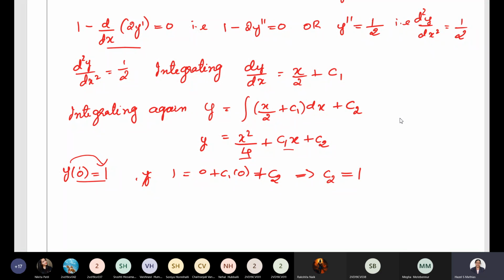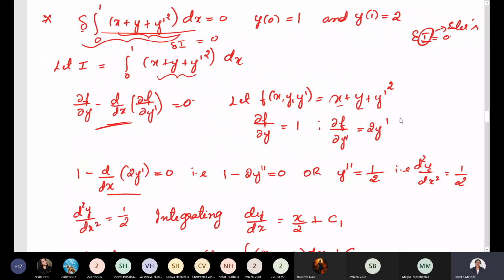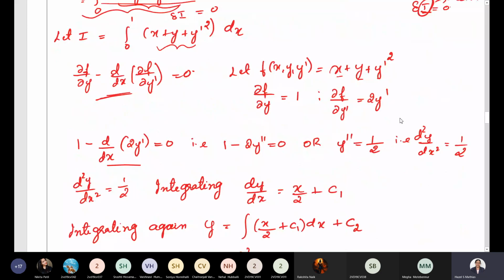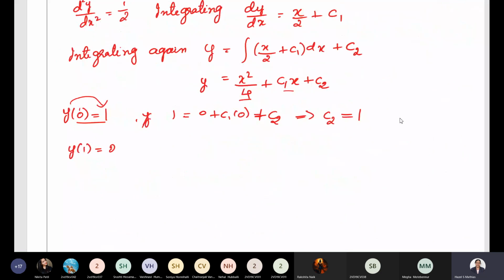Next, the second condition. Y of 1 equal to 2, that means the y value is 2 when x equal to 1. So x square by 4 is 1 by 4, plus c1 into x, so c1, plus c2. The c2 value we have found out, substitute that, it is 1. So rearrange this term and find the value of c1.